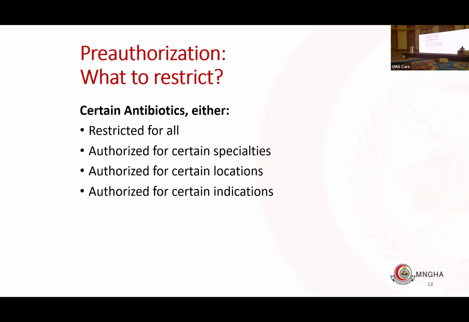So certain specialty, it's okay. Authorized for certain location, again, ICU, مثلا oncology, I will let them, for example, meropenem they can write it. Also, or authorized for certain indications زي ما ذكر زميلنا. لا, for septic shock, for meningitis, or for febrile neutropenia, please approved without calling ID.